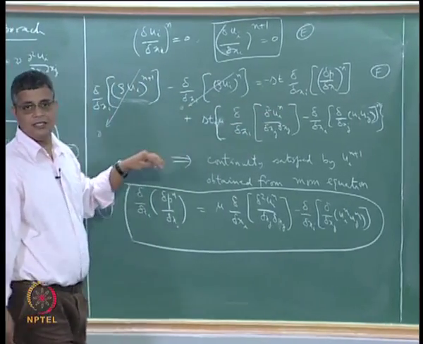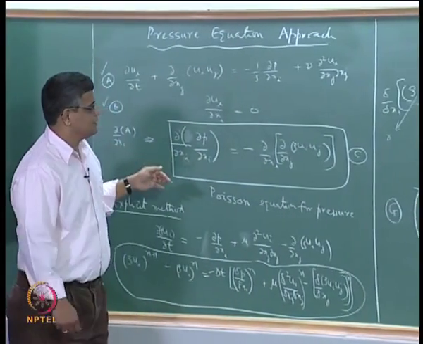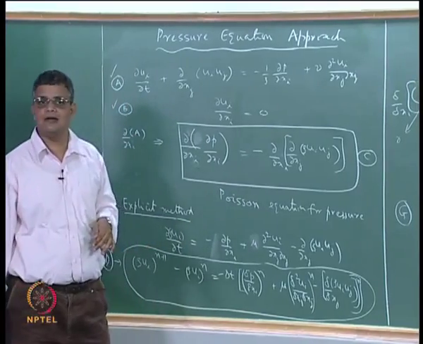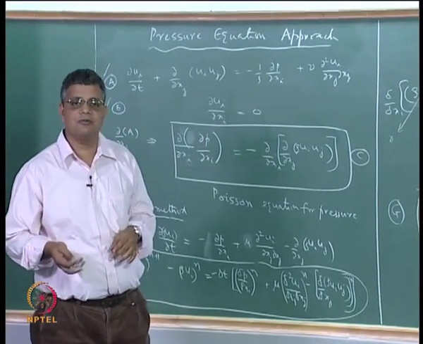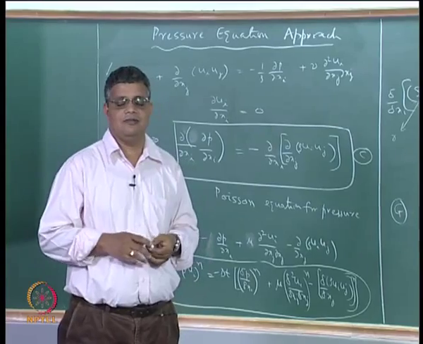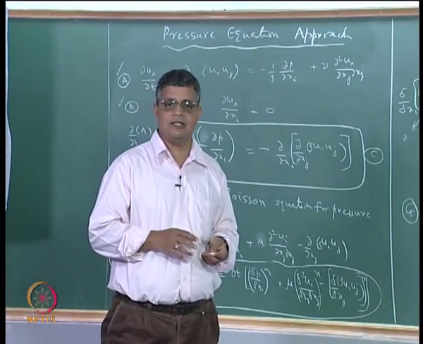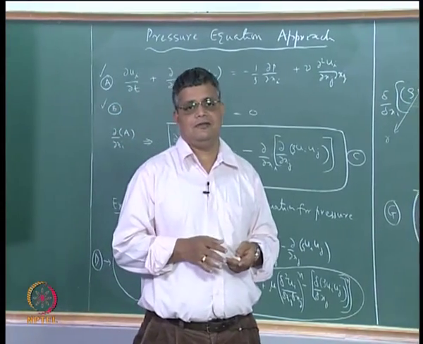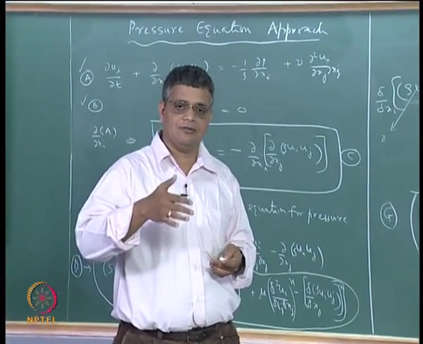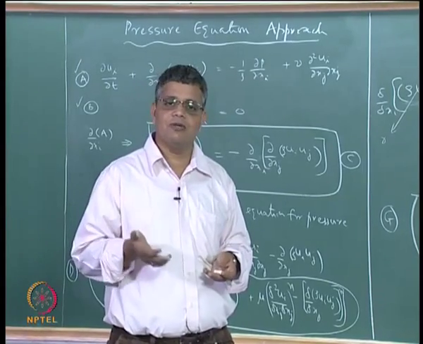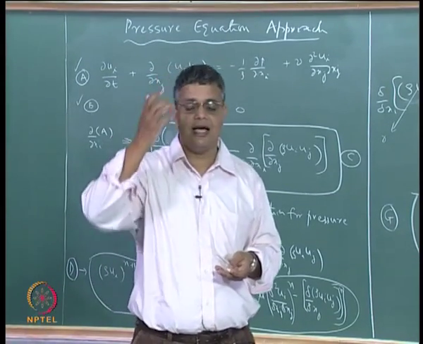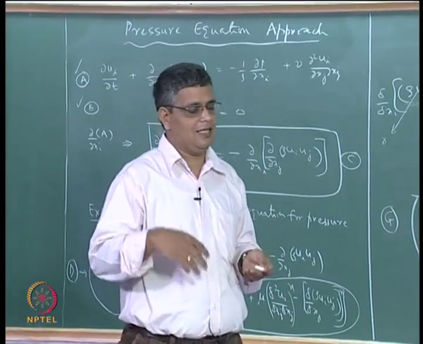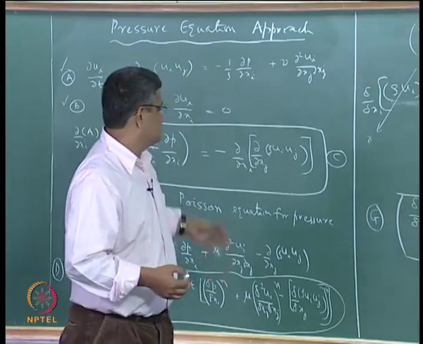So the pressure field is seen here as a continuity enforcing variable. In incompressible flow, pressure has no significance, whether it is 100 bar or 1 bar or 0.1 bar, it is the same. The flow only reacts to pressure gradients, the pressure variation from one point to another point, and the spatial velocity gradients. It does not react to the absolute value of the pressure. The pressure has no influence on the properties, except outside the calculation domain.